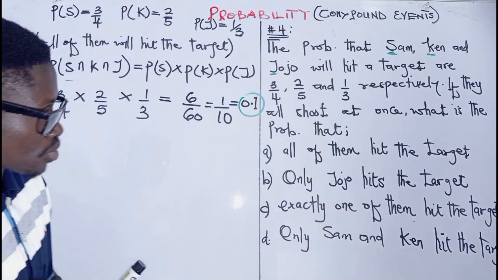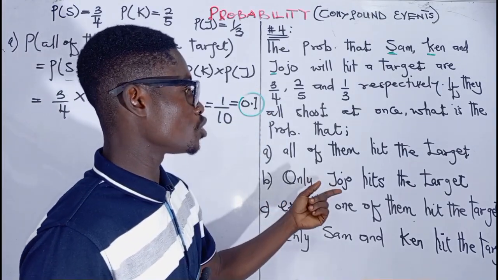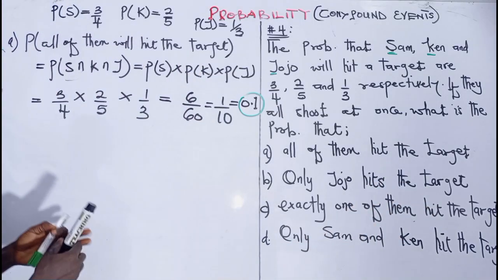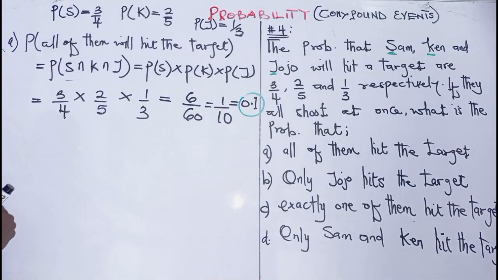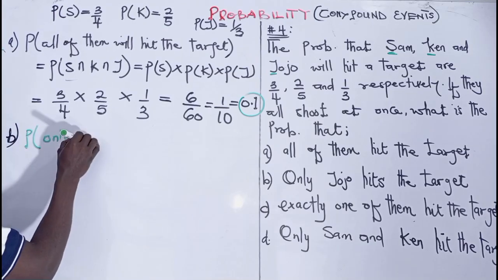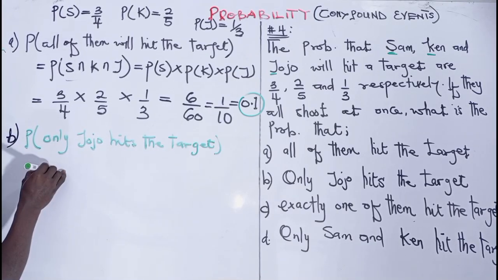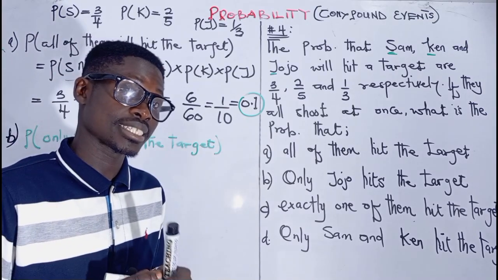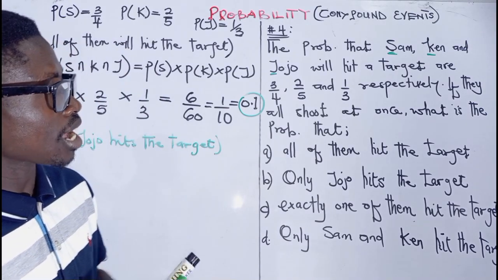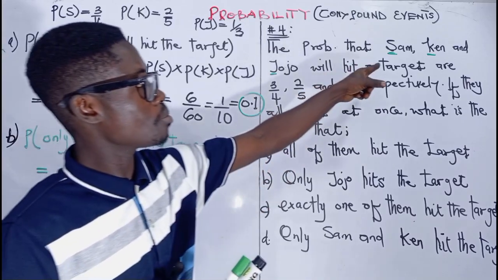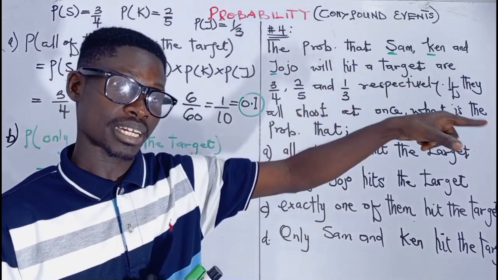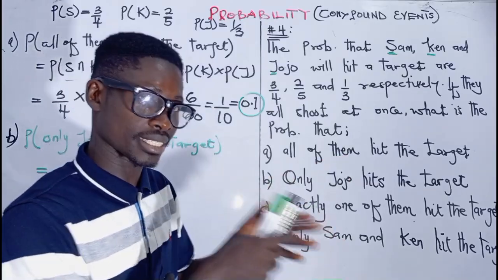Now let's move on to the probability that only Jojo hits the target. Only Jojo hits the target means that as they are shooting, Sam will miss the target, Ken will also miss the target, and Jojo will hit the target.